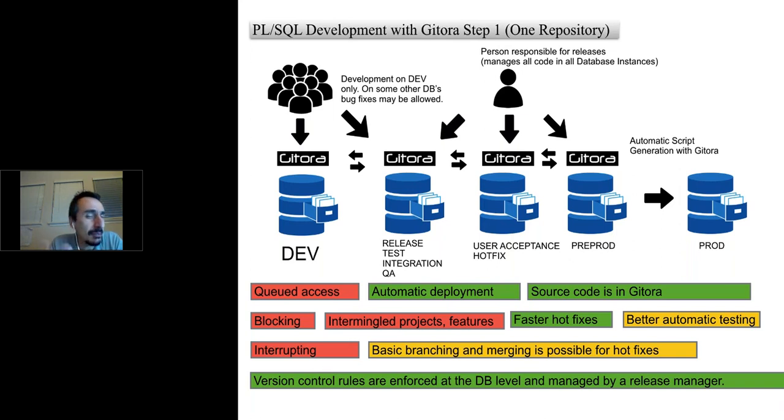Projects and features are intermingled still, but you can do faster hot fixes. You can relax your rule and pick one or more databases to do hot fixes. And it's okay because everything is managed by Gitora, the release manager can take that fix and apply it to other databases. It will never get lost. There's no way you can write over it, even if you forget to carry it over.